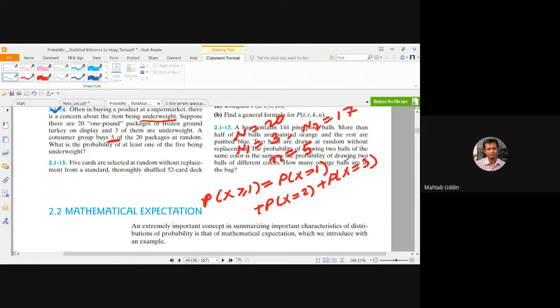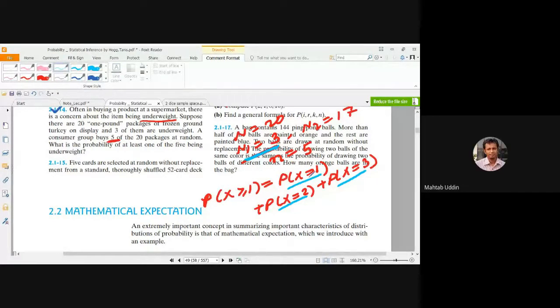Any idea? এটা লাস্ট কোশ্চেন, এরপর আমরা অ্যাটেন্ডেন্স নেব। আন্ডারওয়েট আছে কয়টা? তিনটা স্যার। তাহলে তুমি 3টার বেশি আন্ডারওয়েট নিতে পারবা? নো স্যার। 1, 2, 3 sir.